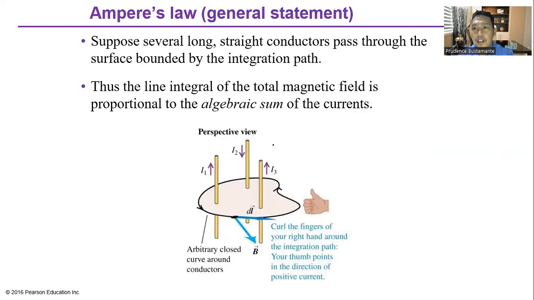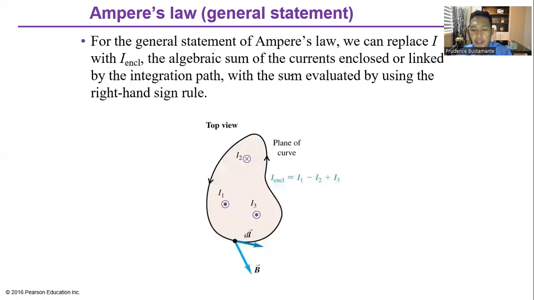Suppose that we have several long straight conductors passing through the surface bounded by the path. Thus the line integral of the total magnetic field is proportional to the algebraic sum of the currents. For Ampere's law, we can replace I with I enclosed, the algebraic sum of the currents enclosed or linked by the integration path.